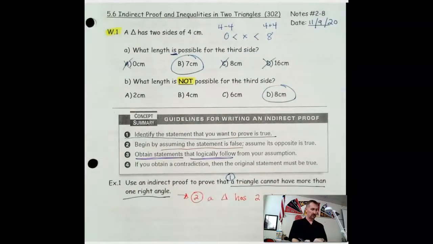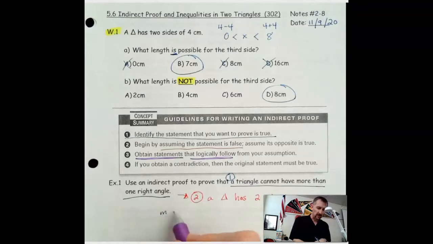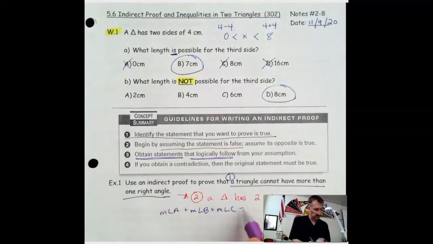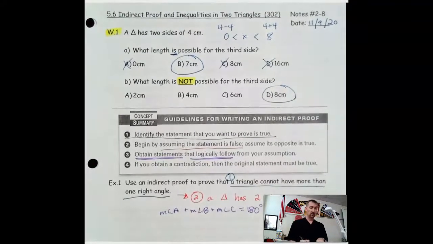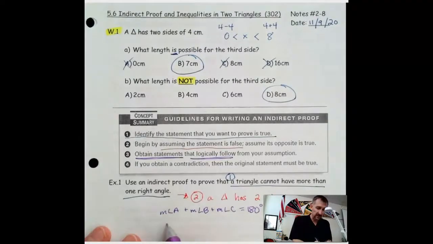All right. So, triangle, so let's go: the measure of angle A plus the measure of angle B plus the measure of angle C equals 180 degrees. That's the triangle sum theorem. Now, if it has 2 right angles, we could say whichever ones we want.